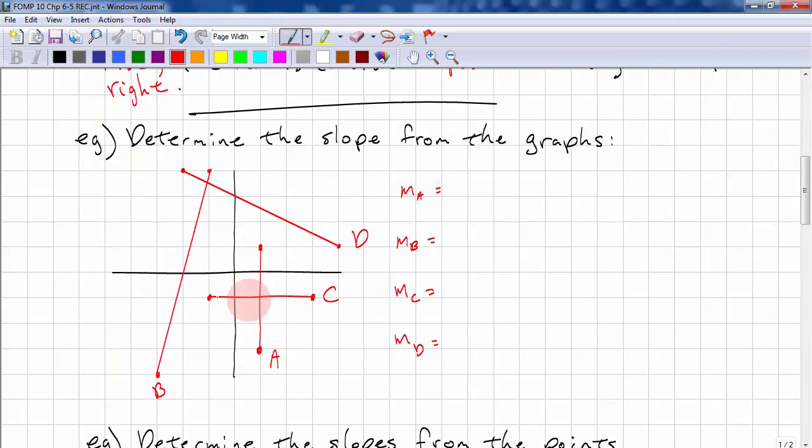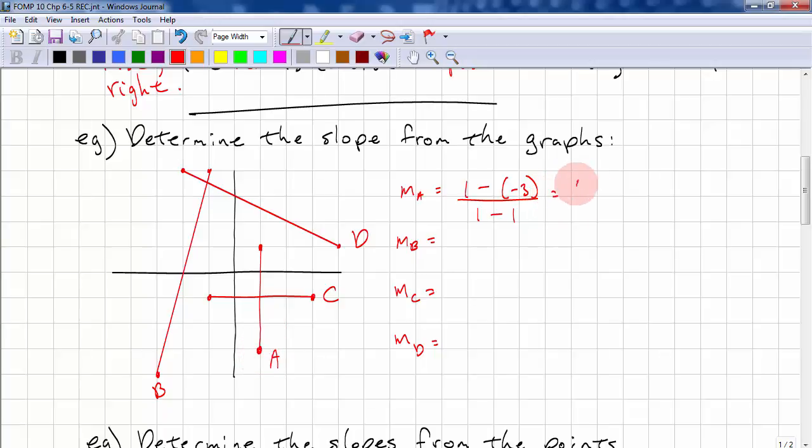Okay, so we have 4 different lines. Let's calculate the slope of A. We'll call this point 2 and this one point 1. So we have 1 minus negative 3. So 1 is from the y value here, negative 3 is from the y value here, over x2 minus x1. x2 and x1 are both 1.